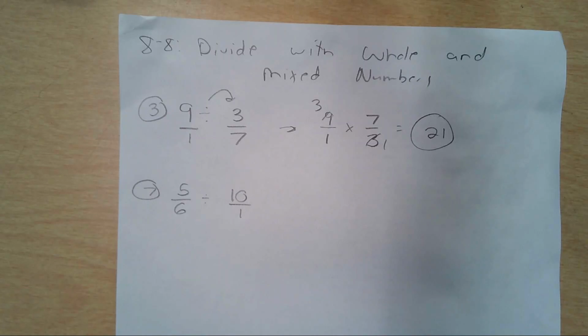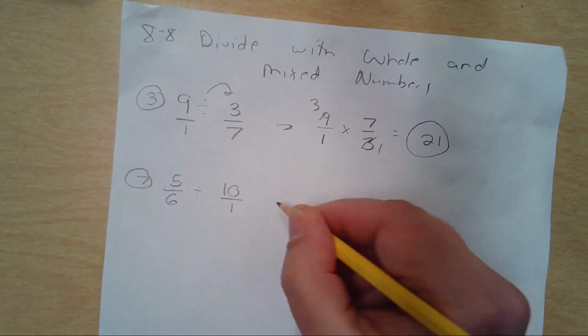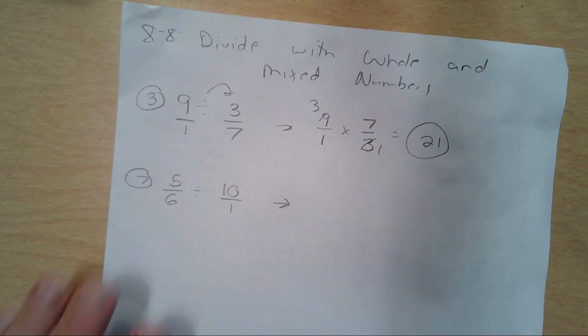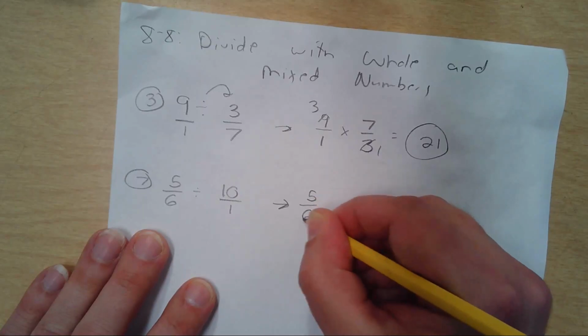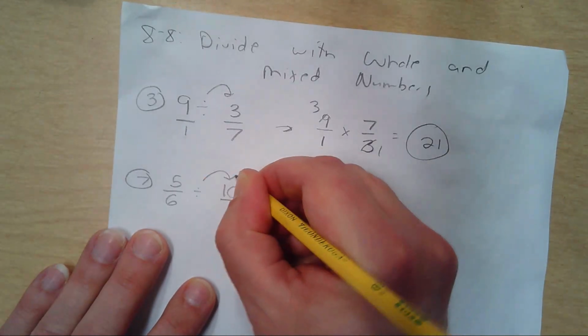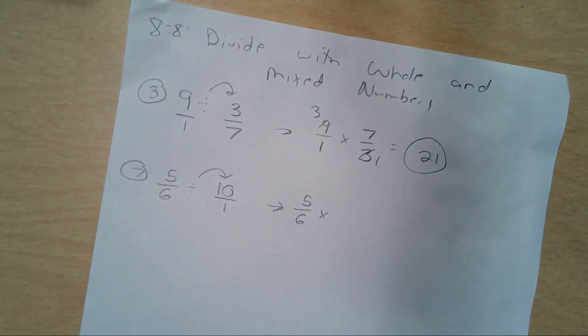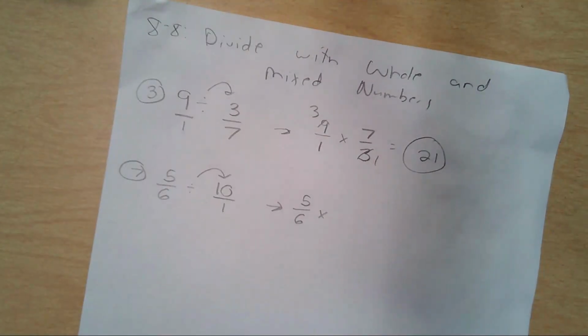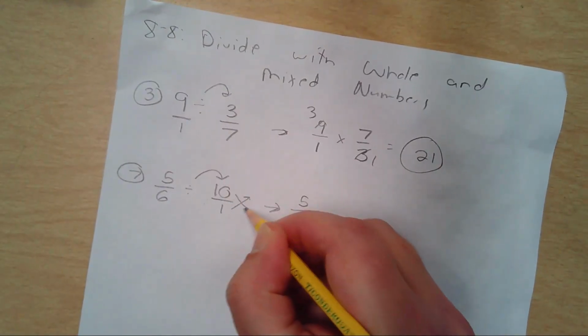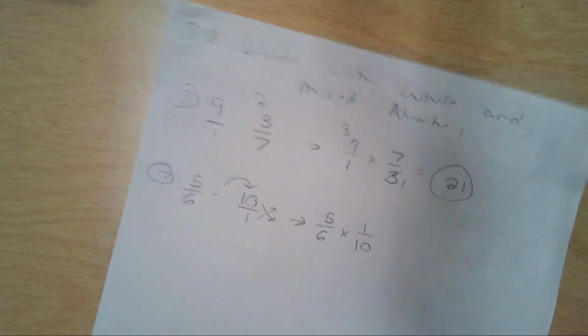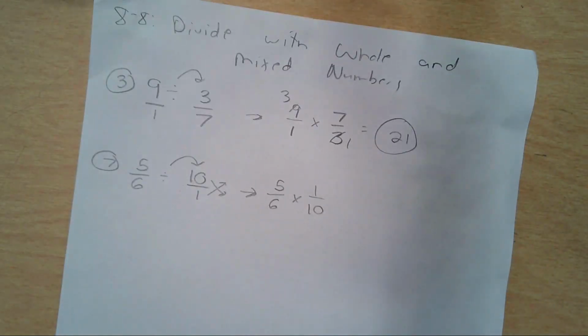Just like always when we're working with fractions, we want to make our whole numbers over 1. Now, same deal, we need to rewrite as a multiply. The first value doesn't change, we multiply, but what is the reciprocal of 10? Once we put it over 1, it's very easy to see. The numerator and denominator just switch spots, multiplying by 1/10.